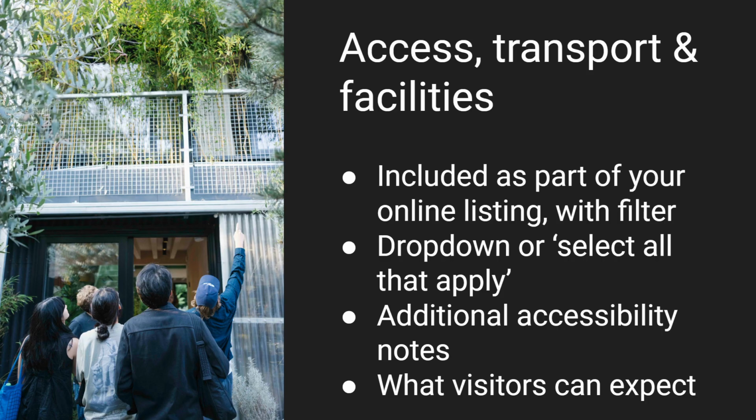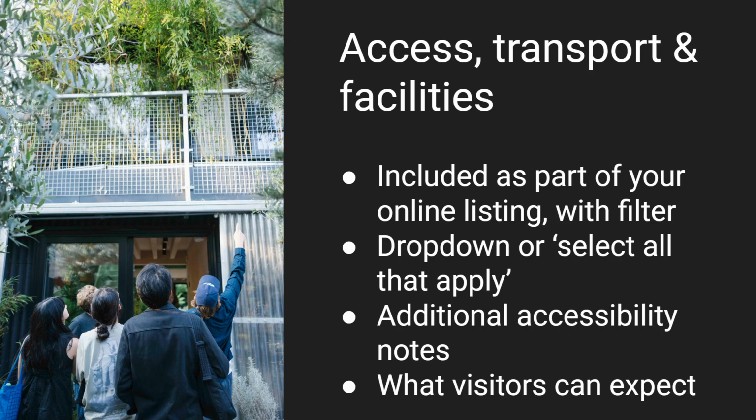So say for example you're opening a building that has level access from the street, and a good proportion of the building can be accessed via that level access, but say there are some rooms that are only accessible by stair.